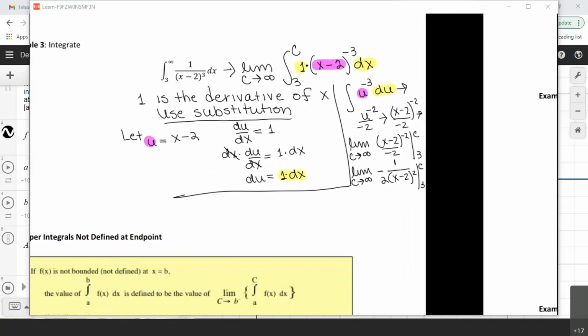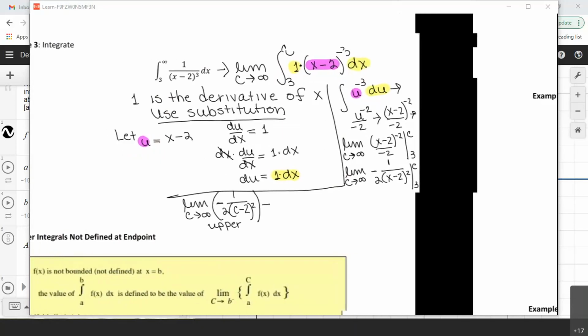All right, so now I'm going to use my fundamental theorem. At my upper bound, I'm taking the limit as c approaches infinity of 1 over 2 times c minus 2 squared. Okay, I'm just plugging in. So here's upper. And then at the lower bound, I'm plugging in a 3.